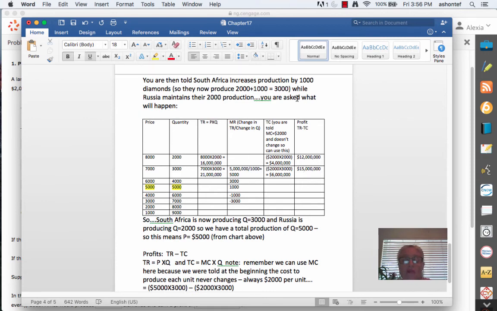But South Africa decides, oh, we're going to produce another 1,000 units. That would mean they would now be producing 3,000 while Russia would still keep producing 2,000. What you're being asked in this question is what's going to happen. Now you're going to be using the quantity of 5,000 to figure out all your information.